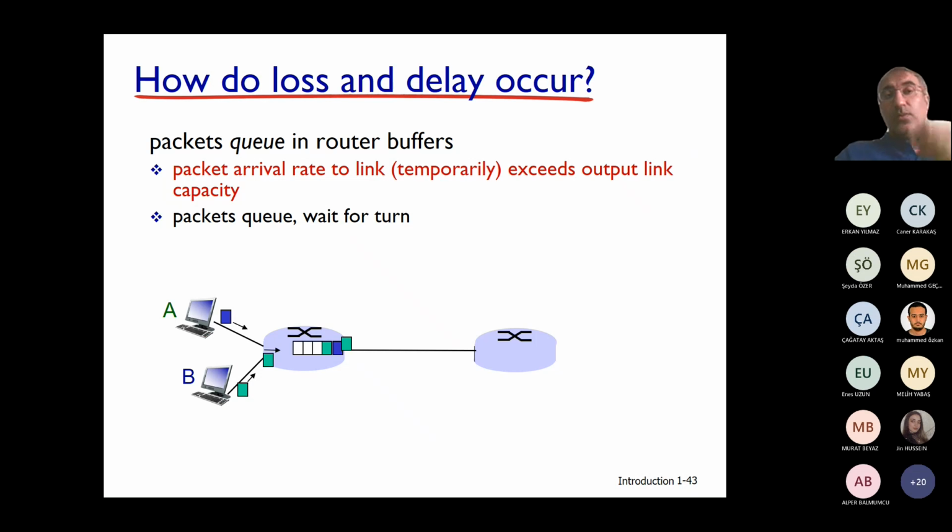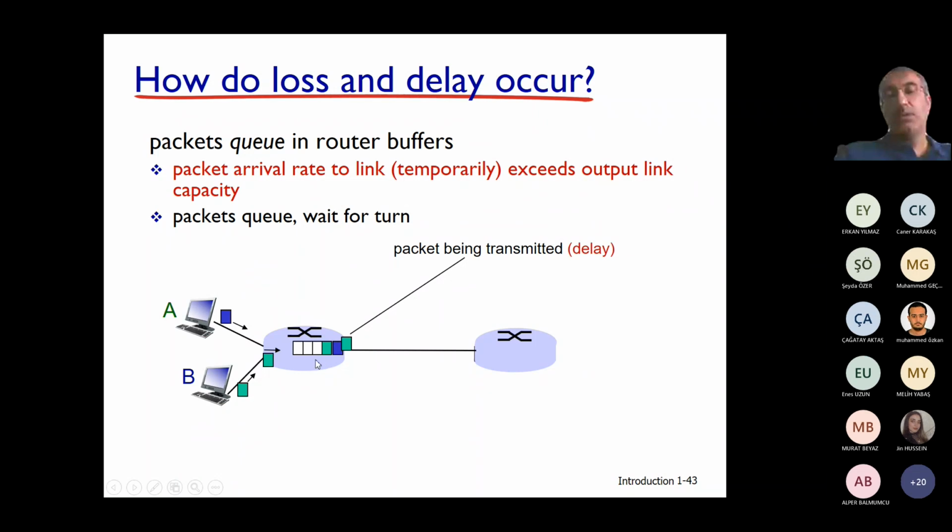So how do loss and delay occur? I just mentioned briefly. If your packet arrival rate to the router is greater than the link rate, then we will experience a queue.